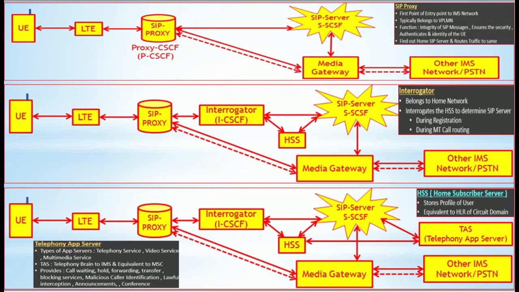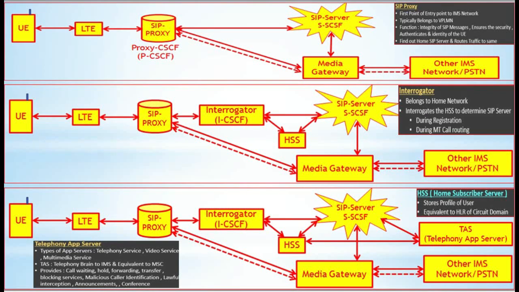HSS is the master user database that is used for registration and authentication in both the LTE network and the IMS network. This allows the user to access the packet and circuit domains of the network initially via IMS authentication.